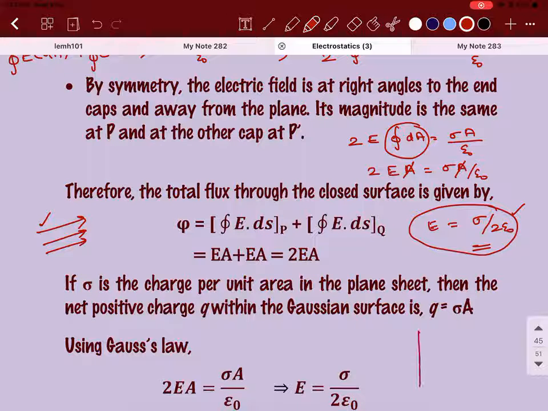So the graph will look something like this, E and r, a line parallel to the x-axis. Is that clear? So that is all with respect to this chapter.